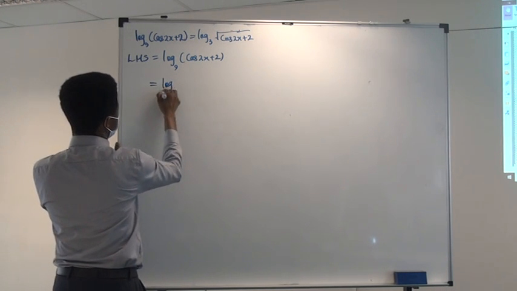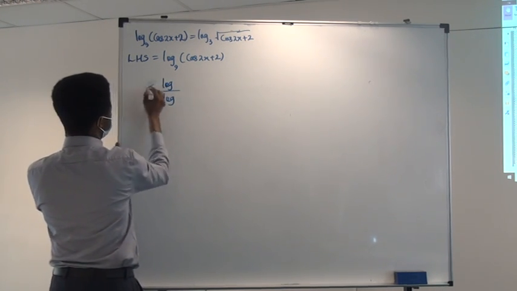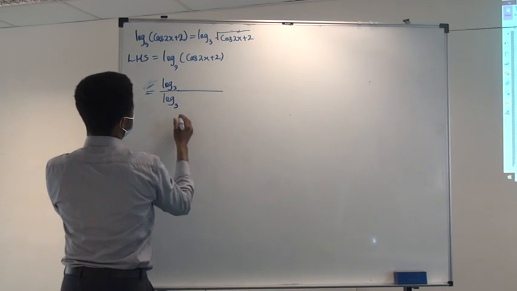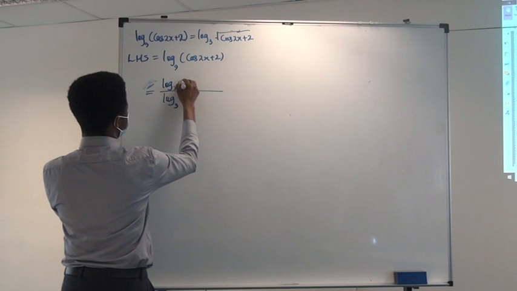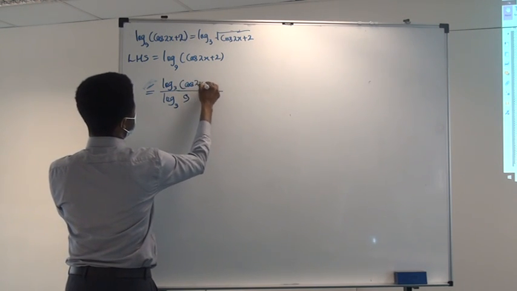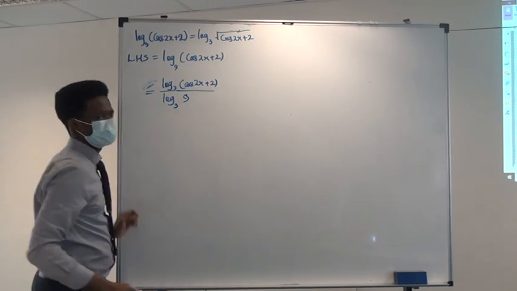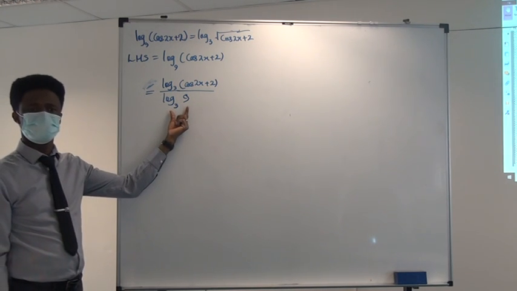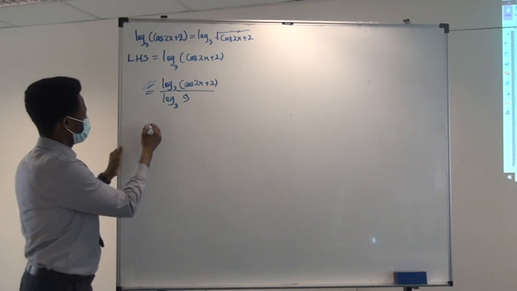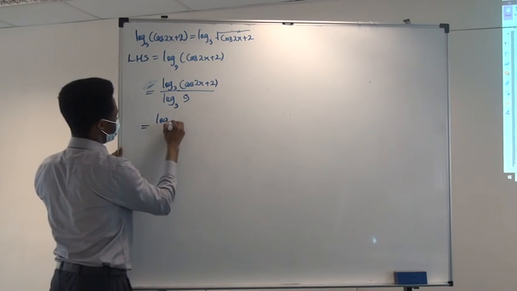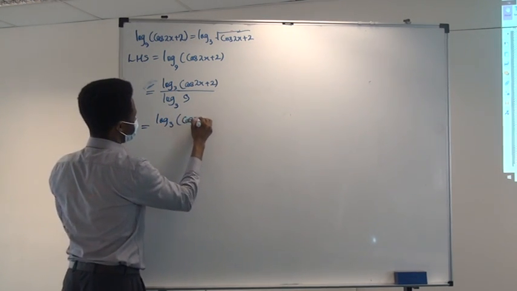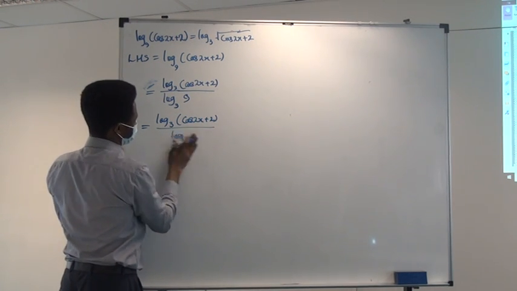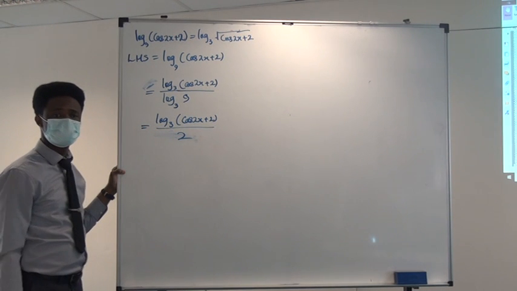Log over log. That's how you change base, isn't it? To the new base 3. Log to base 3 of 9 is going to be 2, and this is where you get your 2. So you get log to base 3 of cos 2x plus 2, divided by 2.